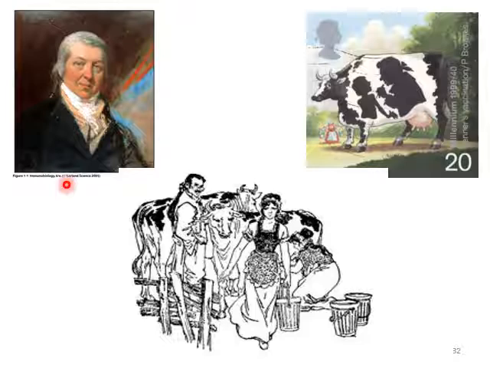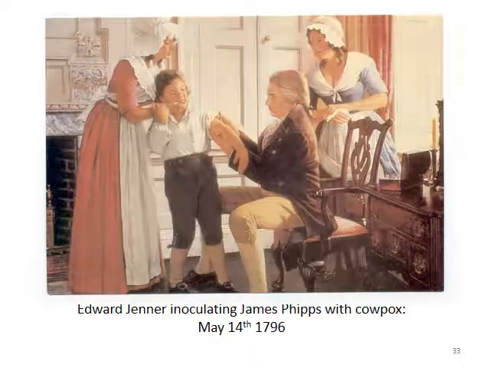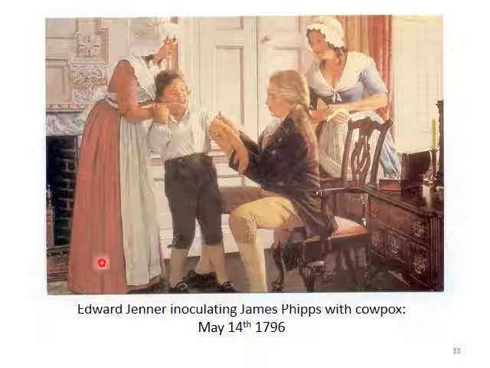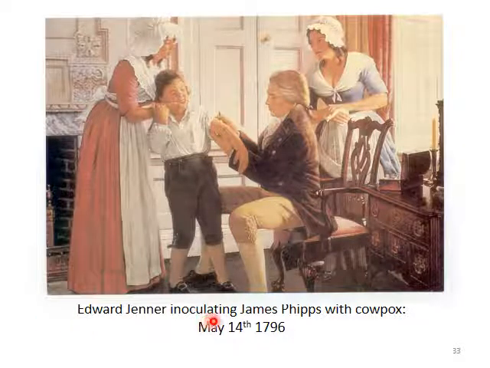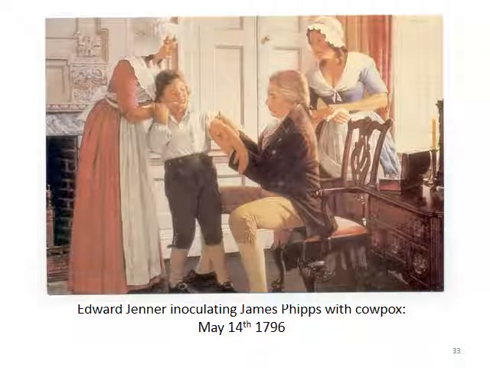Now, Edward Jenner observed that milkmaids who were previously infected with cowpox virus did not have any signs or symptoms of smallpox, and hence he concluded that using cowpox we can prevent illness from smallpox. You can see the very famous picture of Edward Jenner inoculating a 13-year-old boy, James, with cowpox.